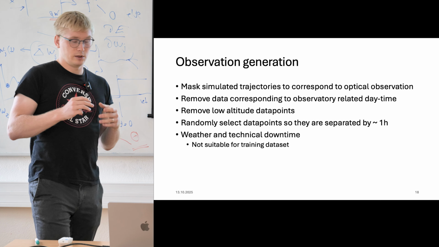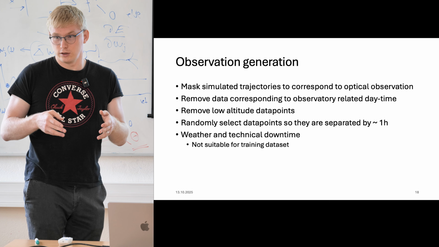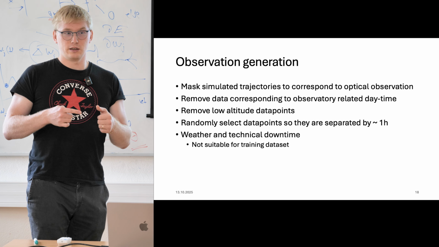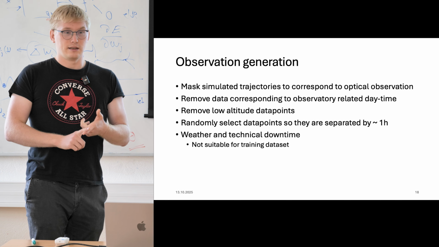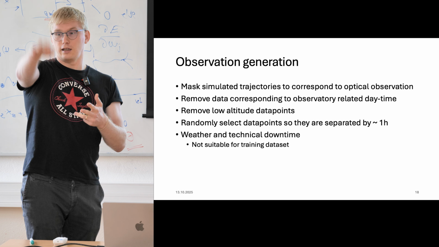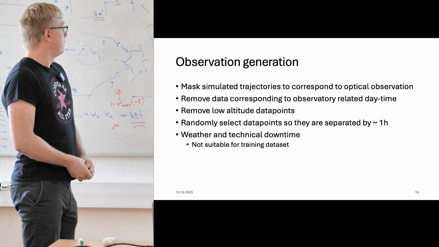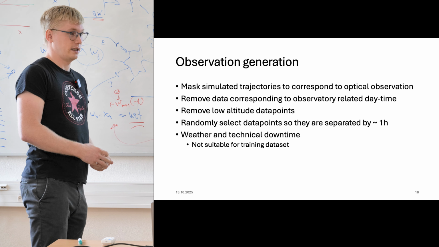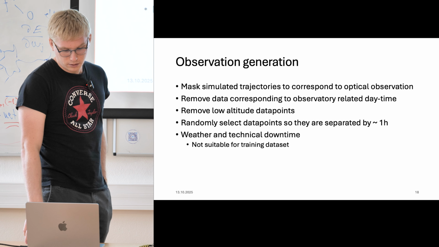And because the physicists are doing the observation from some observatory, you also have to take into account the altitude, the sunset times, and whether the satellite is above or below the horizon. There is also often a technical downtime, which we do not simulate because that would only corrupt the dataset.